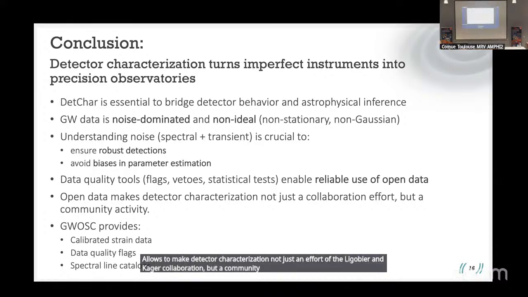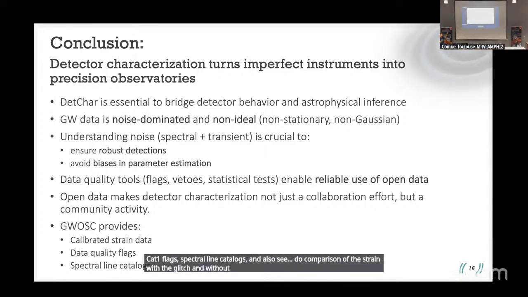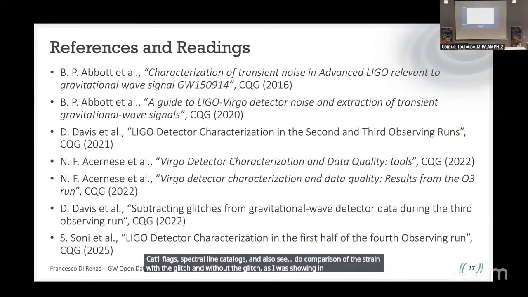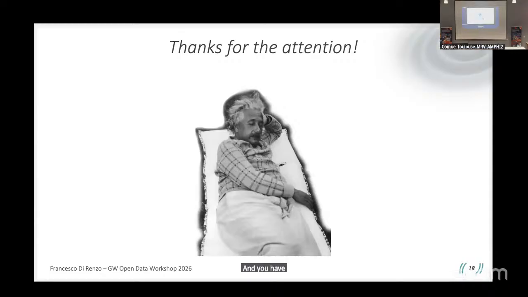You can practically do detector characterization yourself, thanks to the availability of Cat1 flags, spectral line catalogs, and also do comparison of the strain with the glitch and without the glitch, as I was showing in one of the last slides. I've put some references in the previous slide. So thank you very much for your attention.